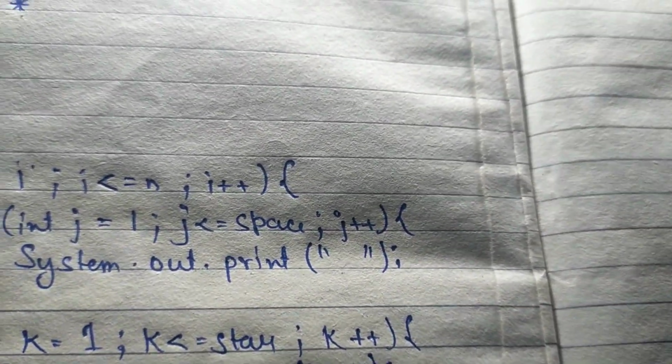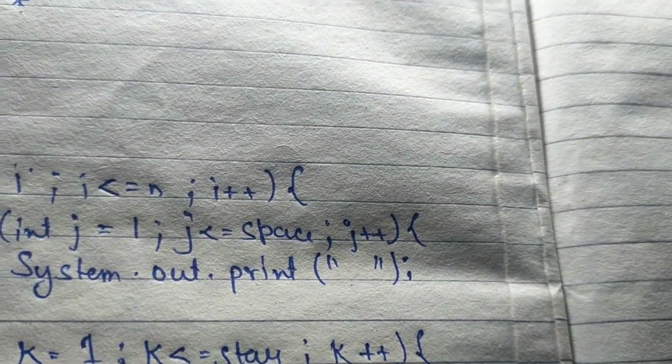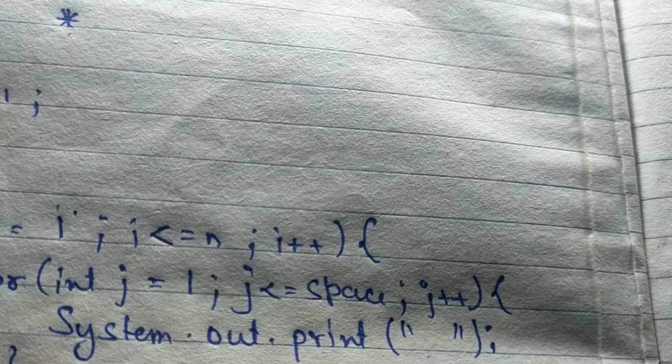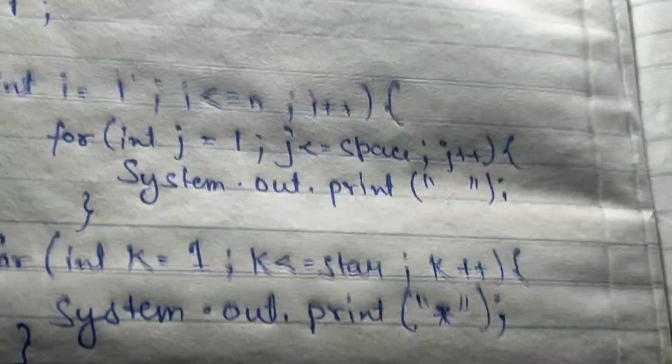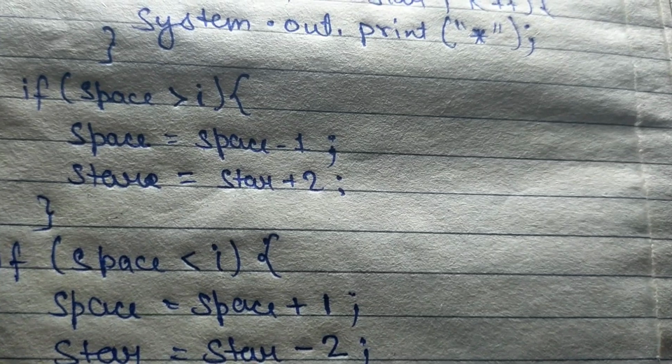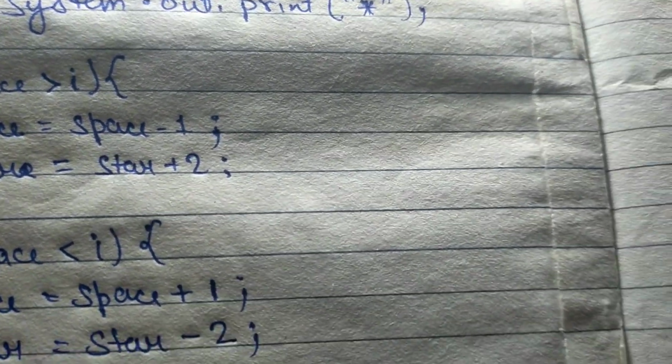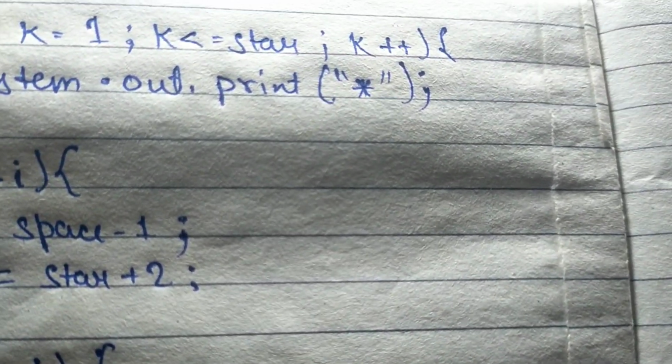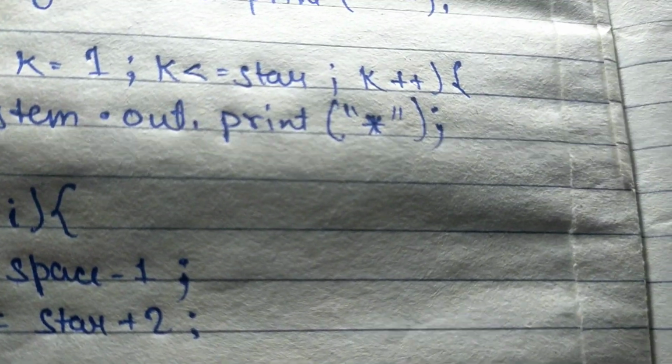So first it will print 1 star, and space is n minus 1. In this condition, if space is greater than i, then space becomes space minus 1, space minus 1 minus 1, then space minus 2 equals 3 spaces, then 2, and so on. After that we are increasing the star by 2.